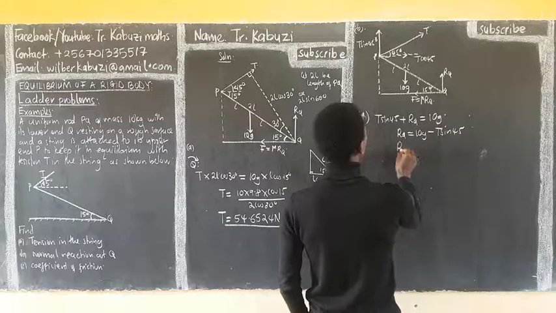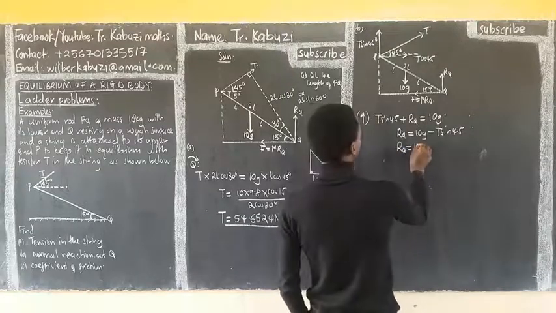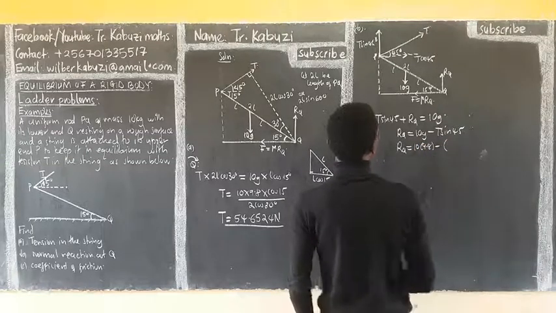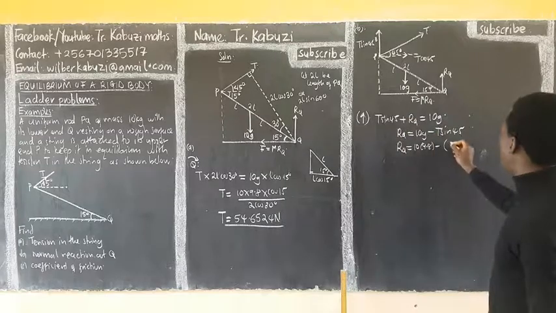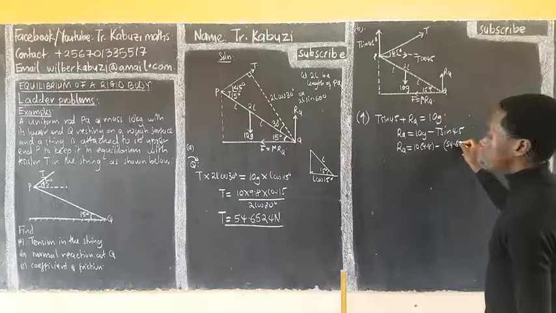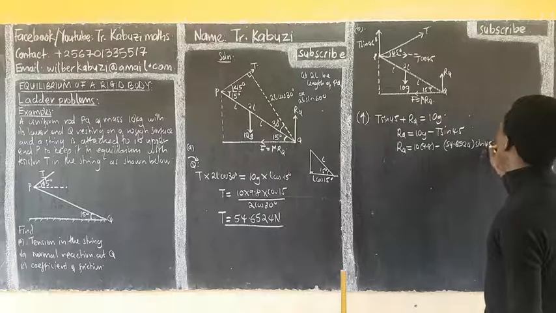So R cube is 10 into 9.8 minus our T, which is 54.6524, times sine 45.